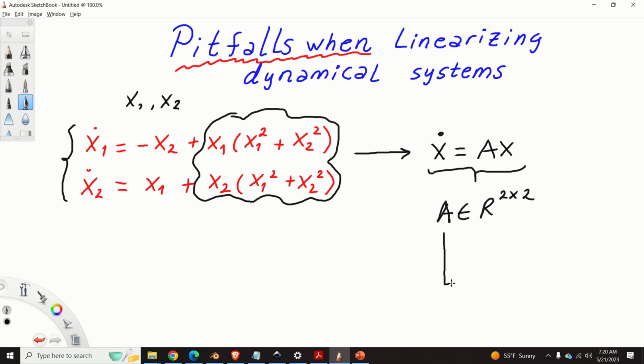Next, we will show that the eigenvalues of this A matrix are on the imaginary axis. That is, they are over here. And this is a complex plane.